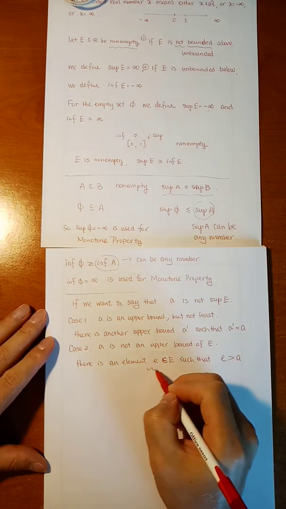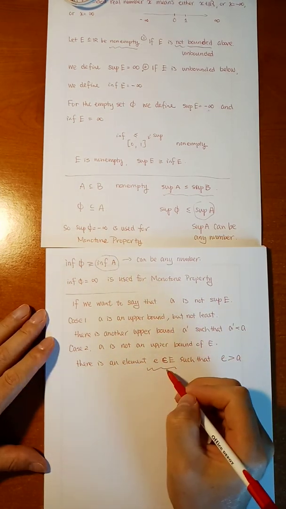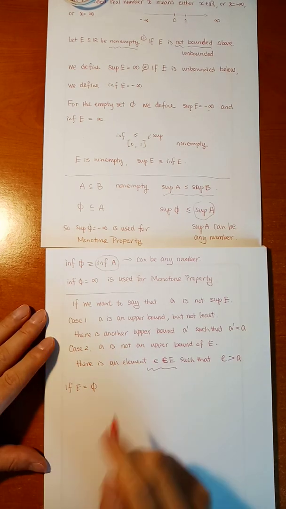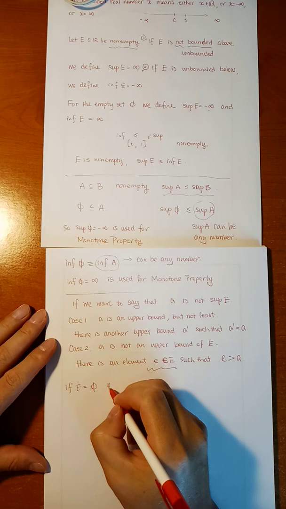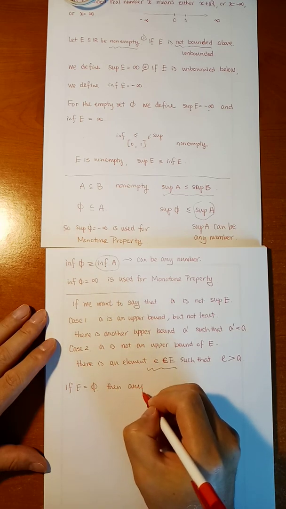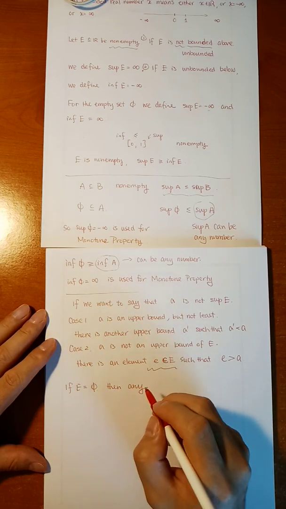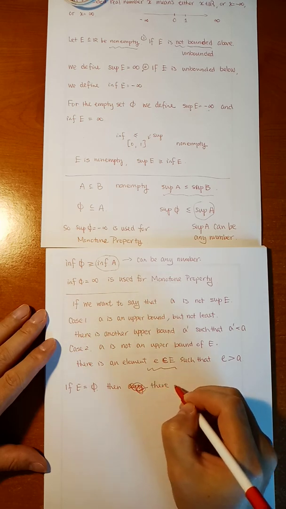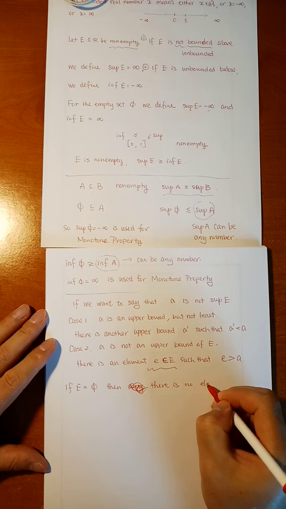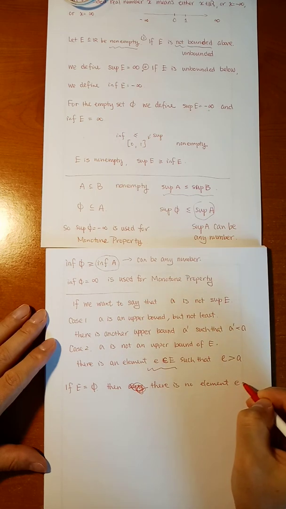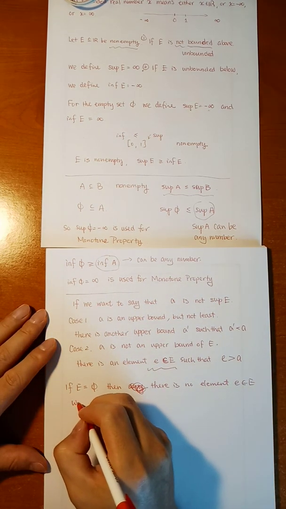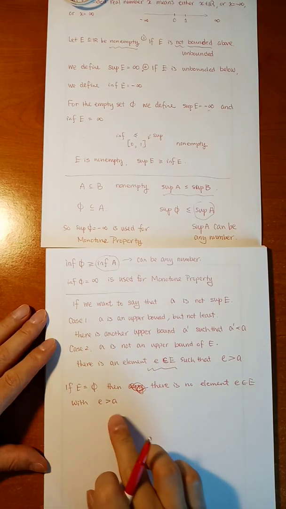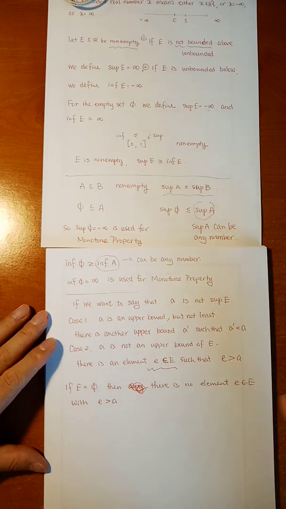But this case can never happen if E is empty. If E is empty, then there is no element e in E with e greater than A. There is no way to get an element because there's no element.